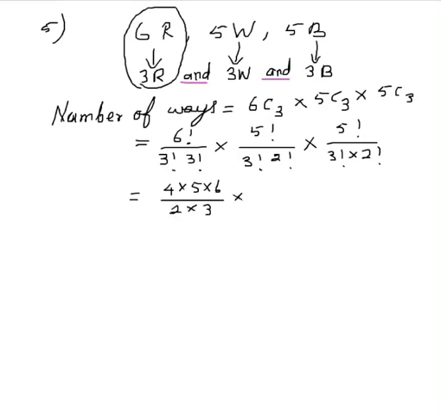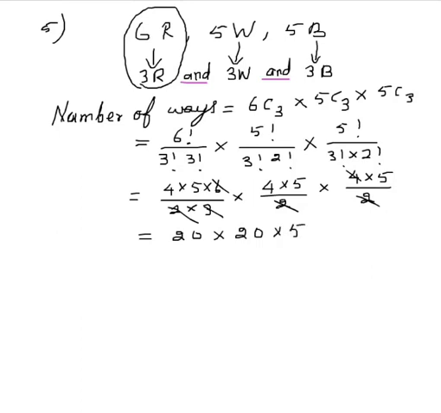Cancel 3 factorial from 5 factorial, so we get 4 and 5 by 2 factorial is 2. 4 5s are 20, 4 5s are 20 times 5. The answer is 2000.